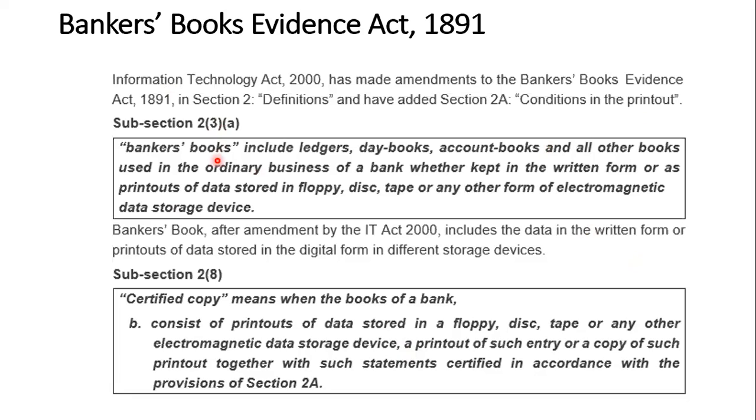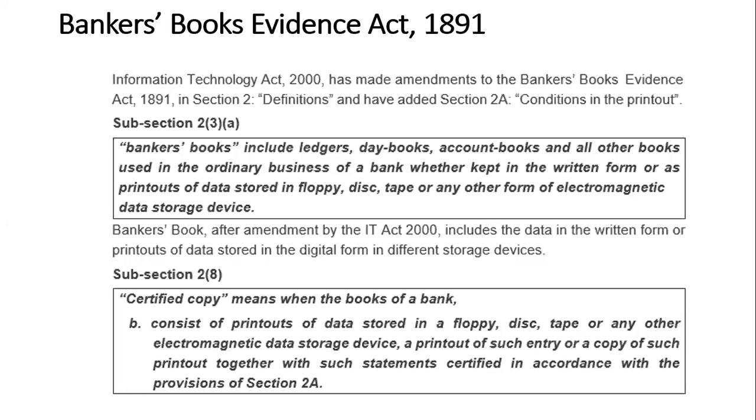The banker's book includes the ledgers, the day books, the account books, and all other books used in the ordinary business of a bank, kept in a written form or as printouts of the data stored in a floppy disk, tape, or any other electronic magnetic device. Such a certificate needs to be issued by the branch manager of the bank, right?